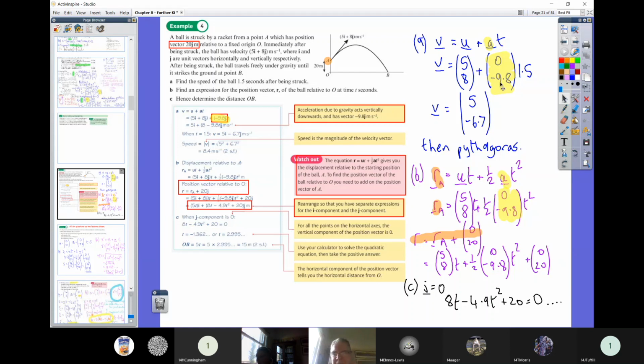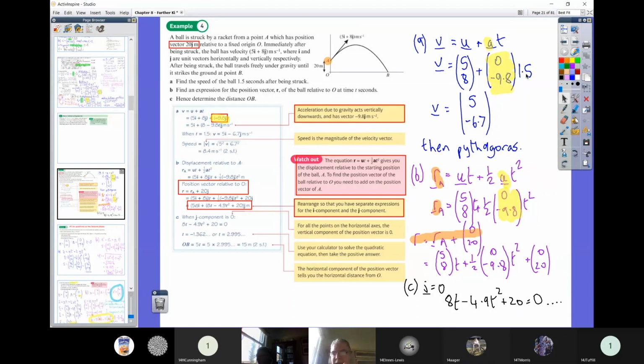Exactly the same point now, but we're just doing it in a vector context. Okay, so we're just using our SUVAT equations in vector format. So that's part A. We're just literally subbing in what u was, subbing in the acceleration.